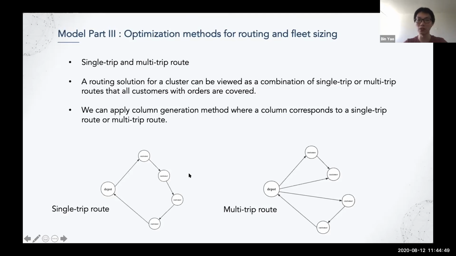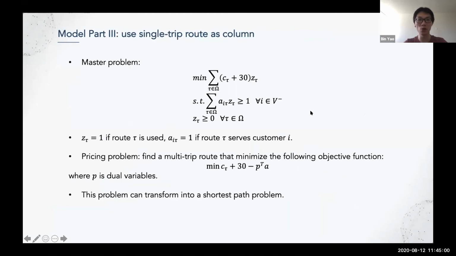So it's natural to apply the column generation method, where a column corresponds to a single trip or multi-trip route. I want to briefly introduce how the algorithm works here. First we have a master problem. Here, Omega is the set of all the single trip routes we generate, and tau is the index of the routes.